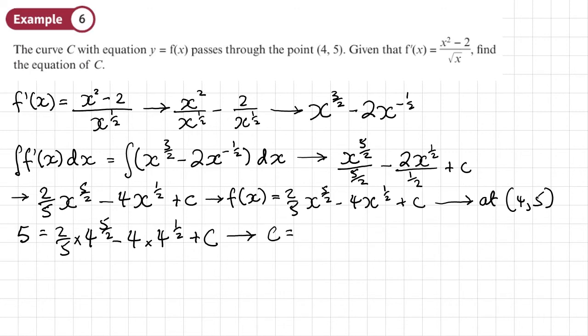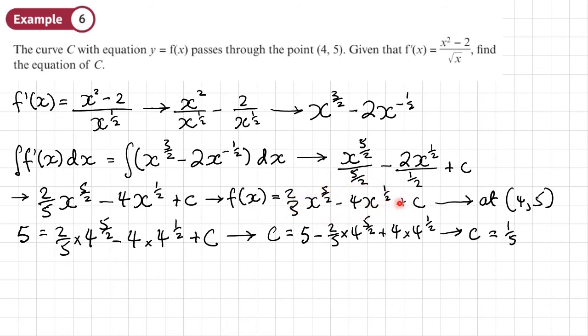So c is going to equal 5 minus this 2/5 times 4 to the power 5 over 2 plus 4 times 4 to the power half. So we can work that out on our calculator, and I've done that already, and I will get c equal to 1/5.